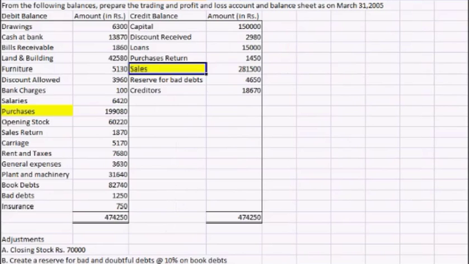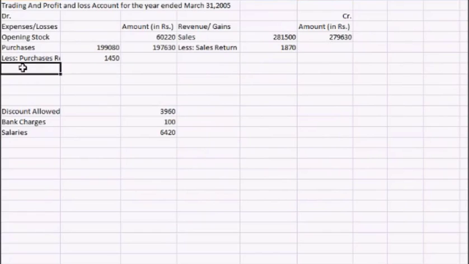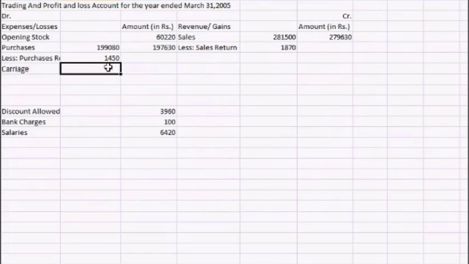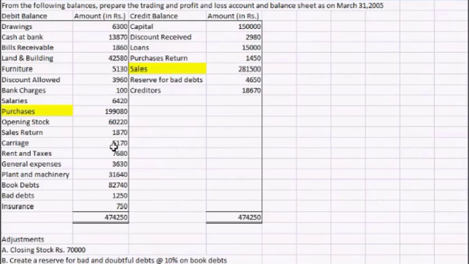So after sales we have carriages. Carriage is considered to be a direct expense, so we incorporate that in trading account. We'll take the amount from trial balance.